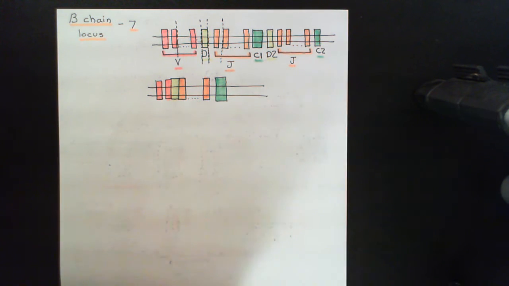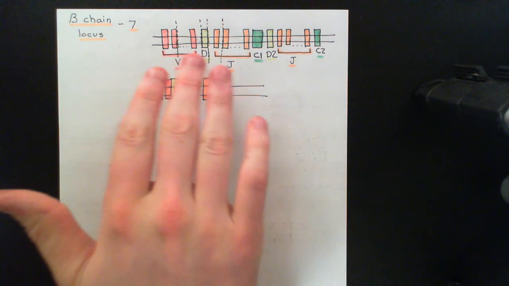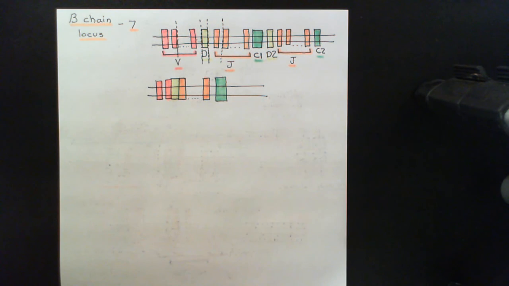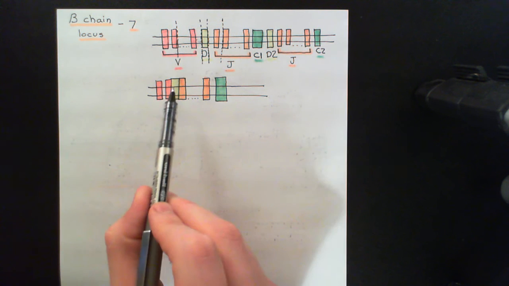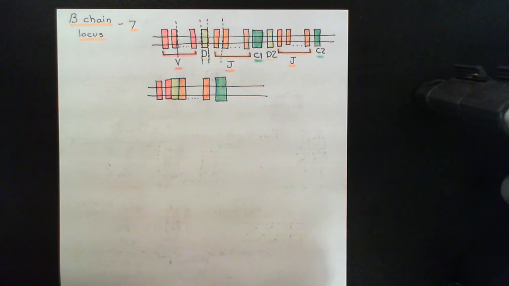And again, the way that you will get diversity is through combinatorial diversity. That's obvious, that you have all of these different combinations of variable and joining gene segments that you could produce. And secondly, you'll also get diversity by junctional diversity. These places where you perform these cuts were not set in stone.